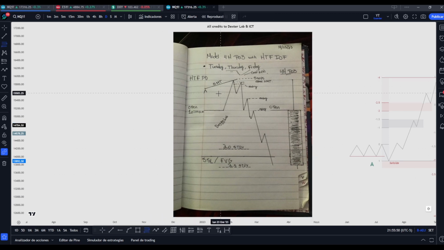We want to be seeking some sort of SMT, and SMT is a must if you want to take just high-probability trades. If you don't have an SMT in your trade, it decreases the probability that you are right.